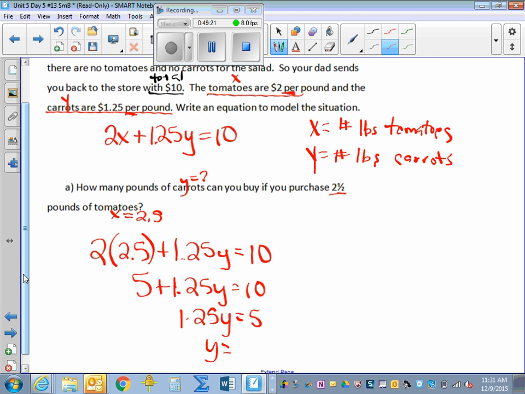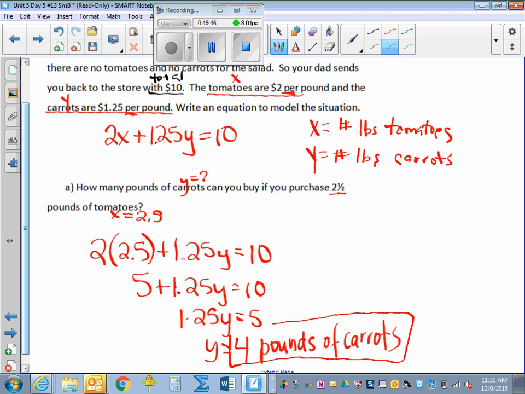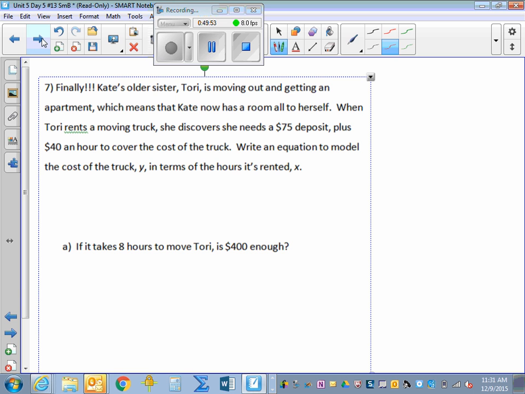Again, in your calculator, do 5 divided by 1.25. So 4 what? Y represents the number of pounds of carrots, so 4 pounds of carrots. If you get 2.5 pounds of tomatoes, you have enough money left to buy 4 pounds of carrots. Okay, next problem.